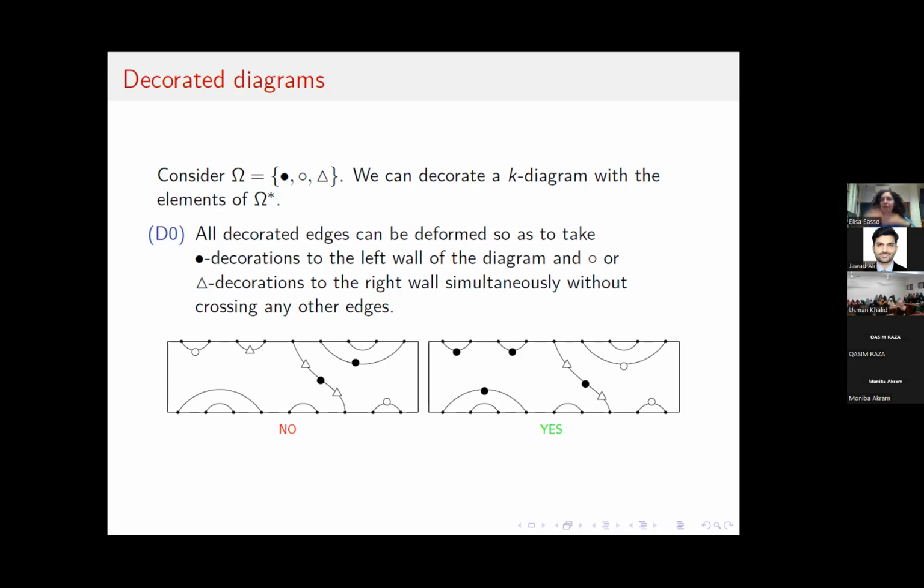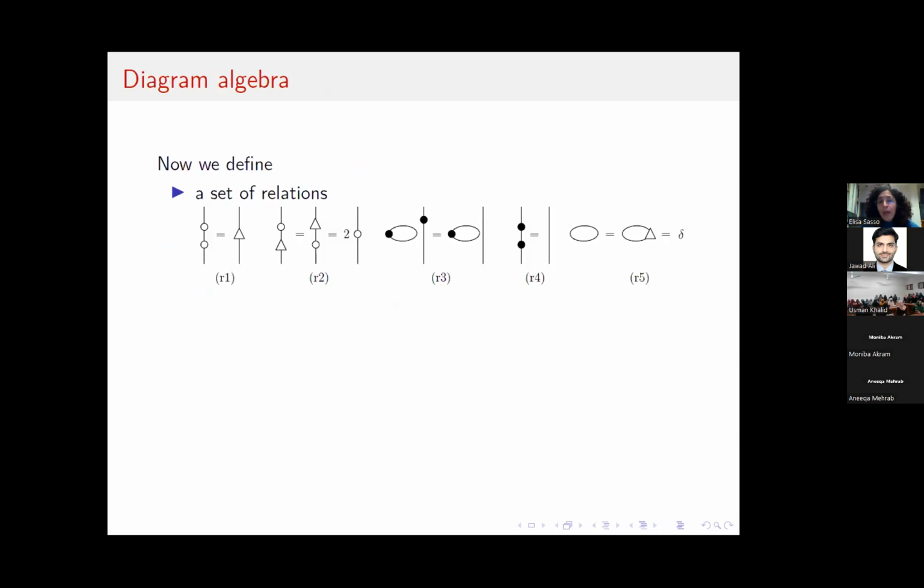But other than that, these are the diagrams that will form the representation. I mean, not all of them. We have to delete something. We cannot decorate as we want. And how do we do that? So you remember that before we said that every time you have a loop, you delete it and you put a delta factor in front of the diagram.